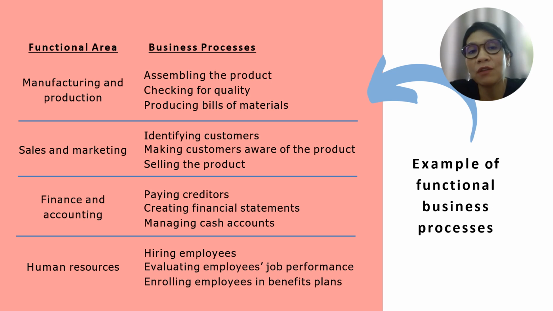For instance, in finance and accounting, the business processes, the tasks, include paying creditors, creating financial statements, and managing cash accounts. And in the human resource department, business processes include, for example, hiring employees, evaluating employees' job performance, and enrolling employees in benefit plans.